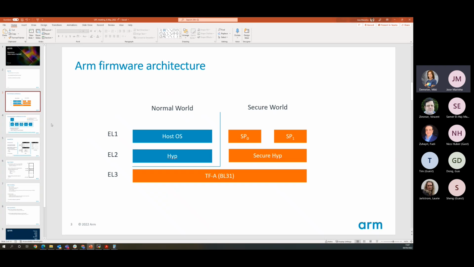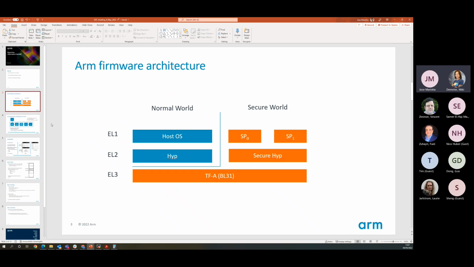Cool. So I'll start just by providing some brief overview of how firmware is architected in the ARM A-profile architecture. The A-profile architecture has the notion of exception levels and the notion of worlds.